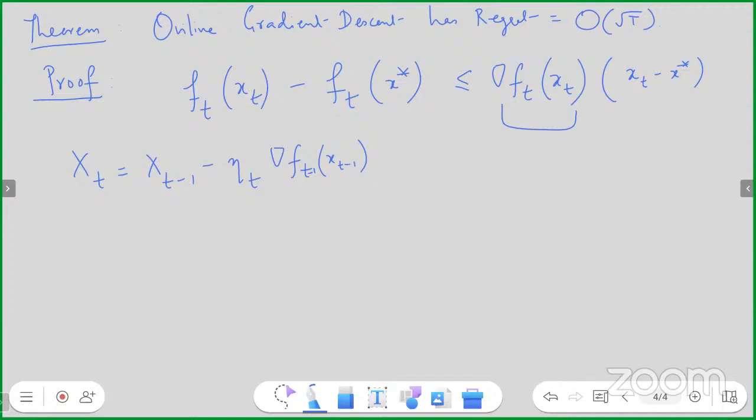If we replace the gradient by the update, what will I get? We'll get xt minus 1 minus xt divided by eta t, multiplied by xt minus x star. But look at what is getting multiplied.